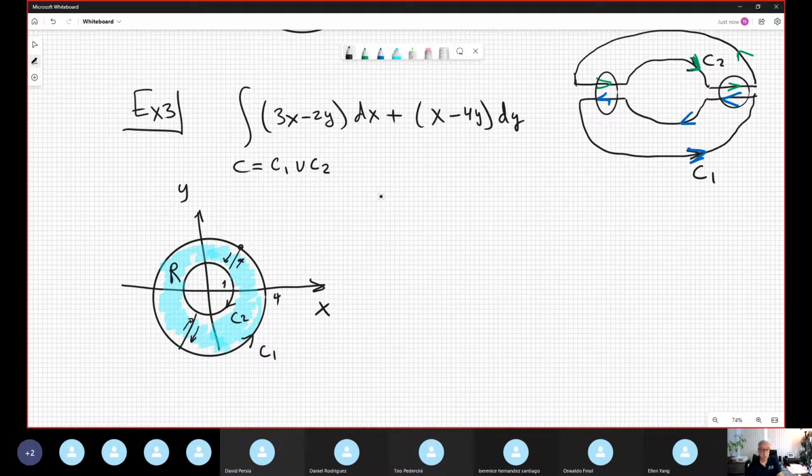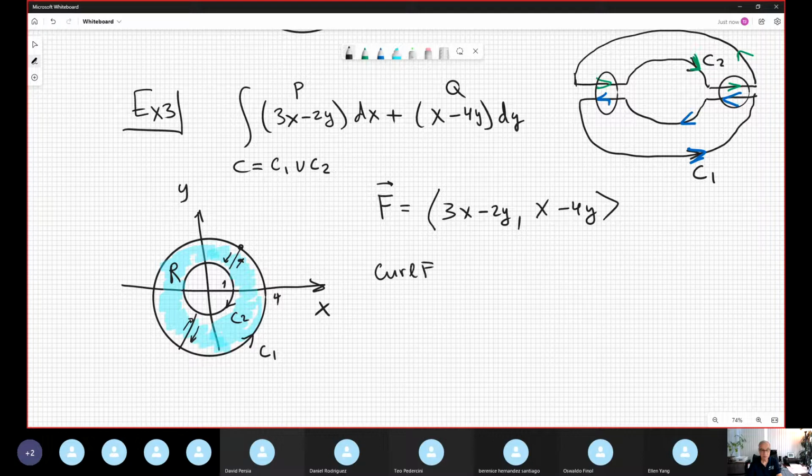Okay, so first of all, I need to identify my vector field. My vector field es obvio que dice P, es obvio que dice Q. And my vector field is 3x minus 2y, comma, x minus 4y. And immediately I compute the curl of this vector field, que the formula in two dimensions is easy: partial derivative of Q with respect to x minus partial derivative of P with respect to y. Sorry.